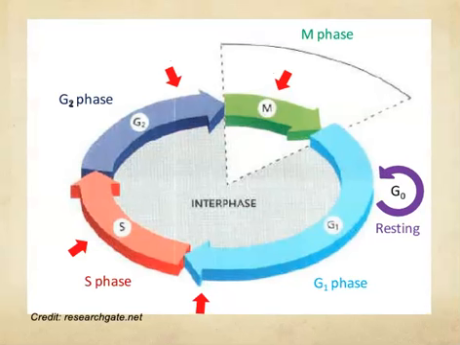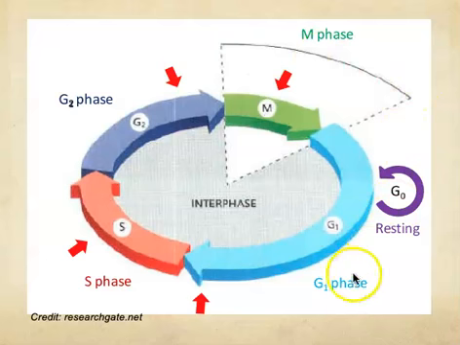On this slide, we're looking at a diagram of the cell cycle. The cell cycle is often drawn this way, looking like the face of a clock, because it does depict a cycle. Dividing cells don't just divide once, they divide over and over again during the time of their life cycle when division occurs.